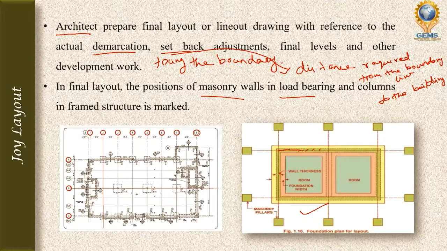And assume this is the framed structure layout. In the framed structure layout, he will give the positions of the columns. See here, this one column, another one column, this is one column. So he will give the positions of the columns in the framed structure and the positions of masonry walls in the load bearing structure.